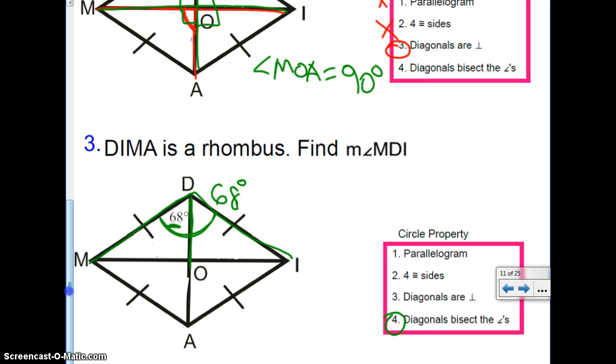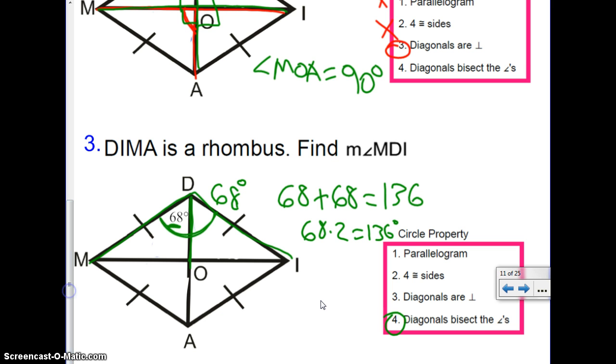Now, they didn't just ask us to find that small piece, they want us to find the whole angle, right? The whole angle MDI. So how do we find that? You guessed it, 68 plus 68, and that equals 136. Or you can think of it as 68 times 2, right? Which is also 136. So these problems were pretty easy. Let's take a look at some of the next examples we might have for you.